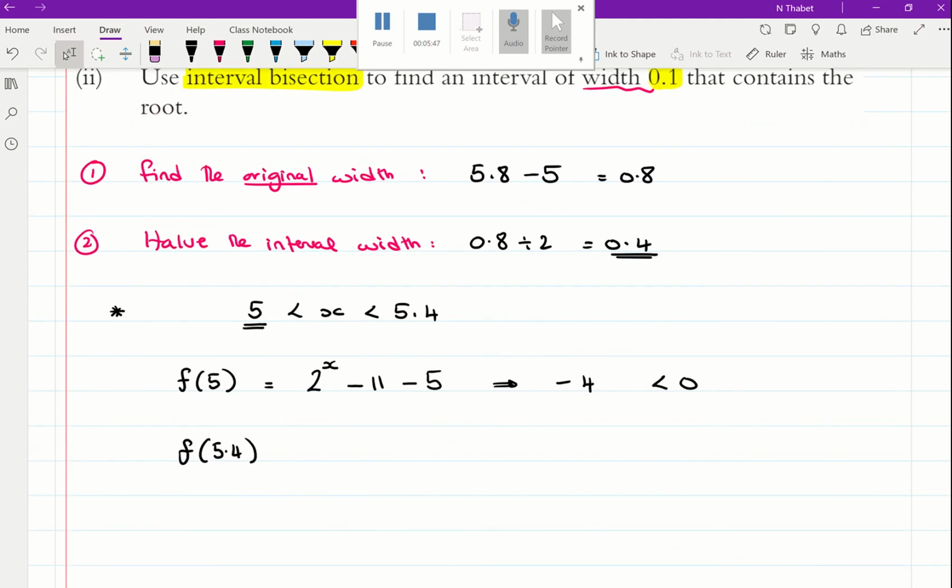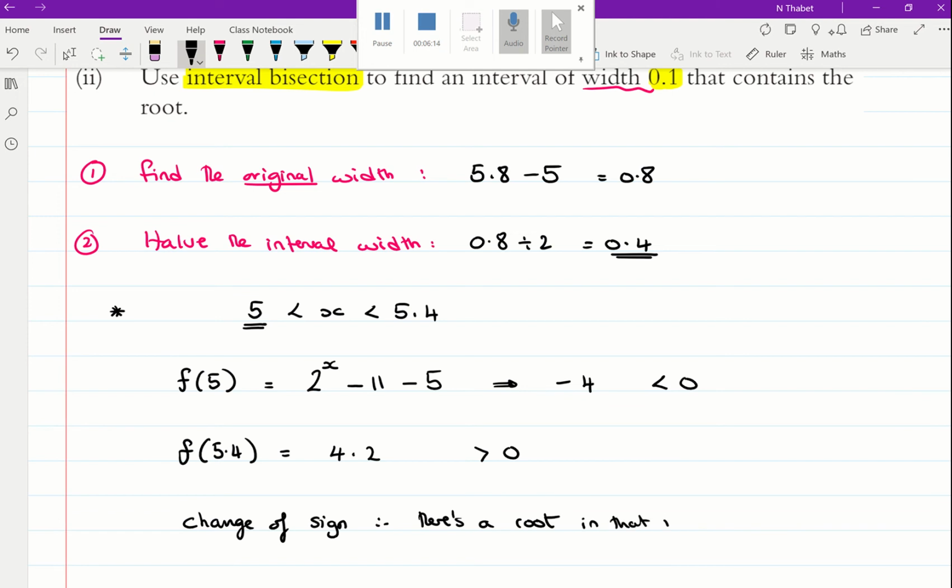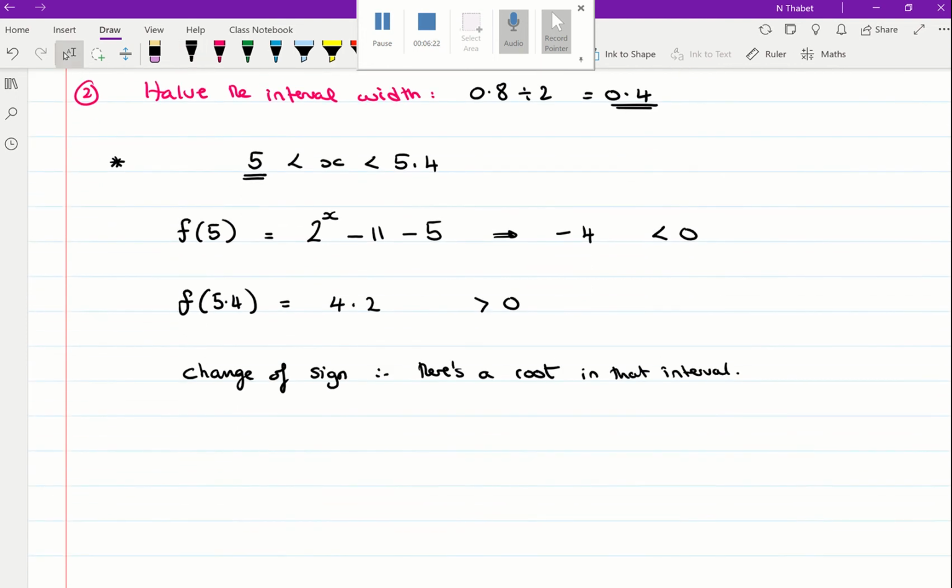And then I'm going to look at 5.4, and when I substitute it into the original equation, I get 4.2, which is bigger than 0. So my conclusion, there's a change of sign, therefore there's a root in that interval. But I'm not done yet, because that interval has a width of 0.4. I want a width of 0.1. So I need to try again.